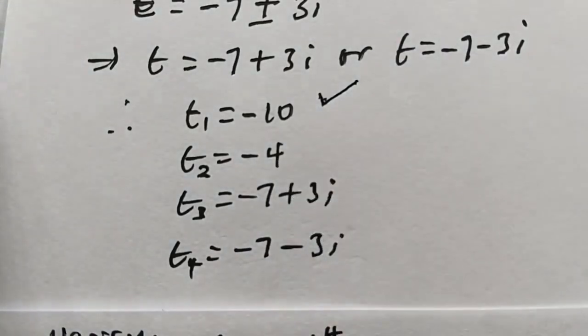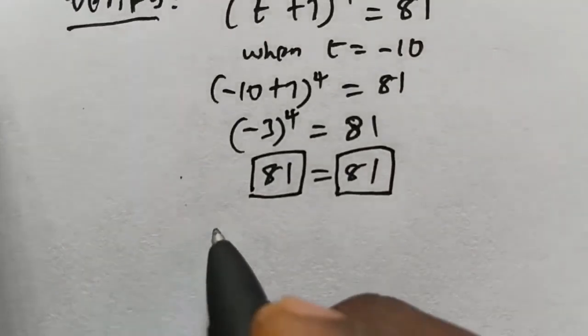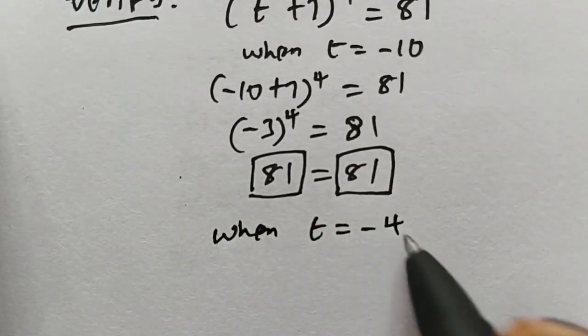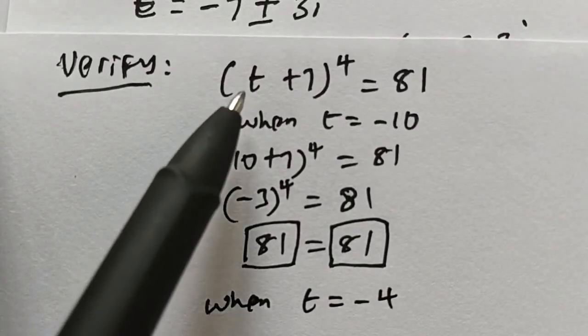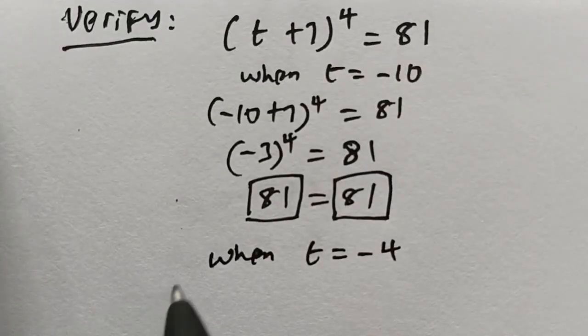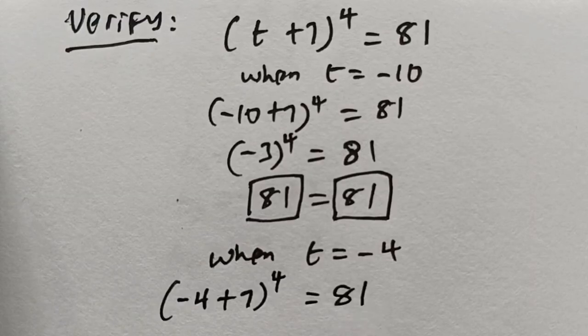Let's verify the second answer. When t equal to negative 4 now, similarly, in place of t, we write minus 4. So we have minus 4 plus 7 to the power of 4 equals to 81.